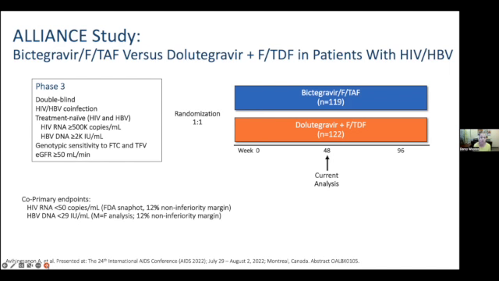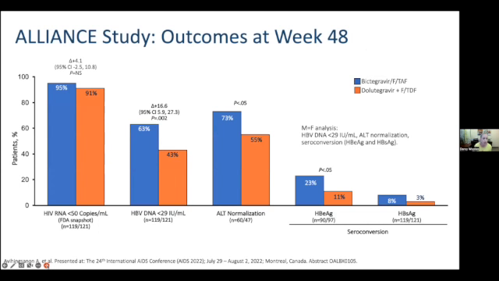They had two co-primary endpoints, HIV virologic response, as well as hepatitis B DNA virologic suppression. The data presented at IAS was the 48-week data. As not surprising to most of us, there really wasn't much difference in HIV virologic suppression between the two regimens.